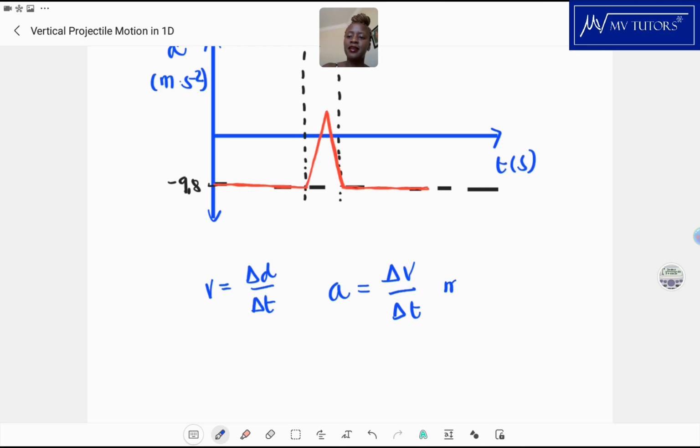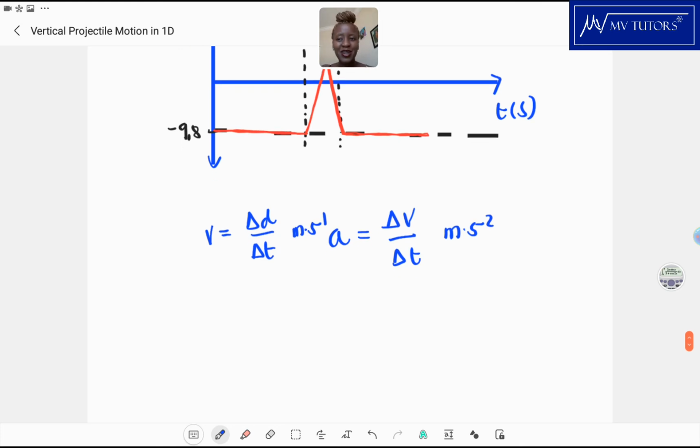That is meters per second squared, and that is meters per second. It doesn't end there. Although for high school you end at acceleration, there is actually something where you have a change in acceleration over the change in time, and that is called a jerk.